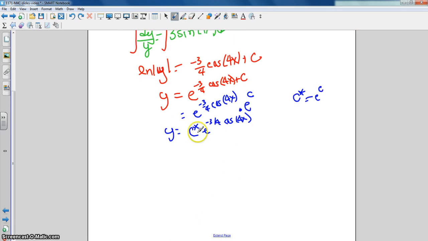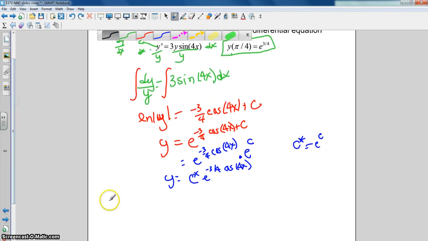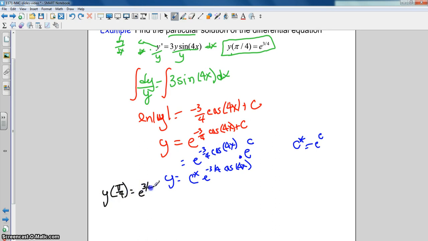Okay. Now, up to this point, it's just been algebra. Now I'm going to apply my initial condition, which was y of pi over 4 is equal to e to the 3/4.